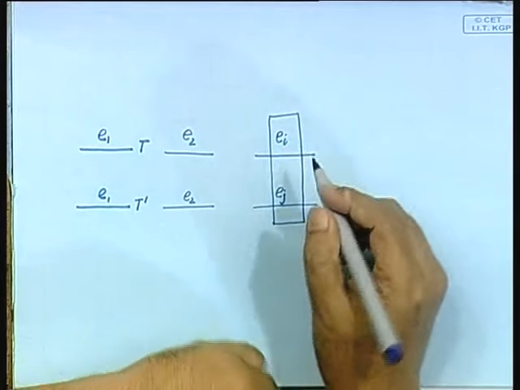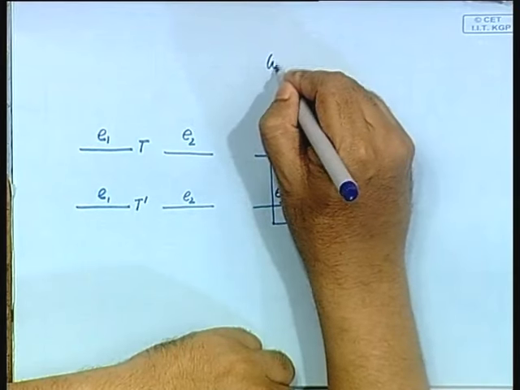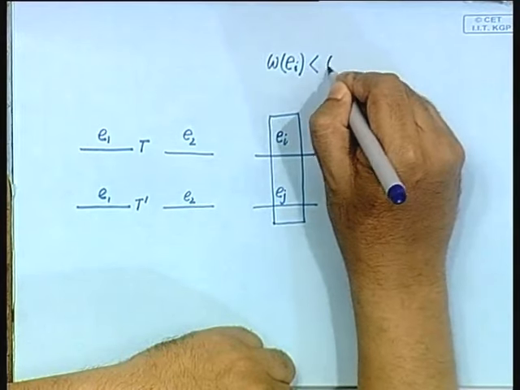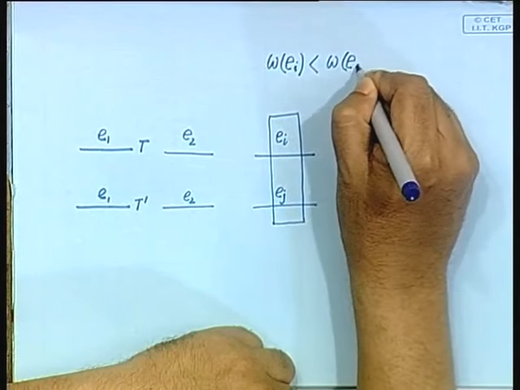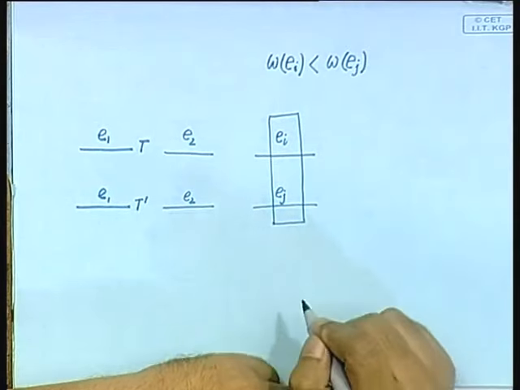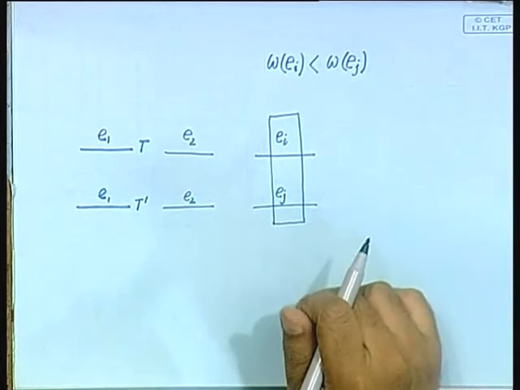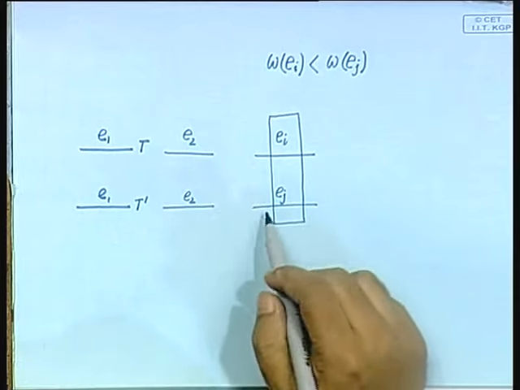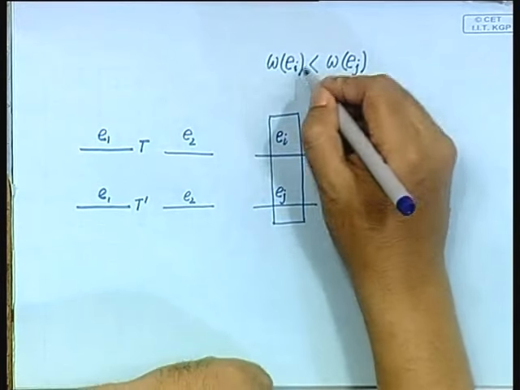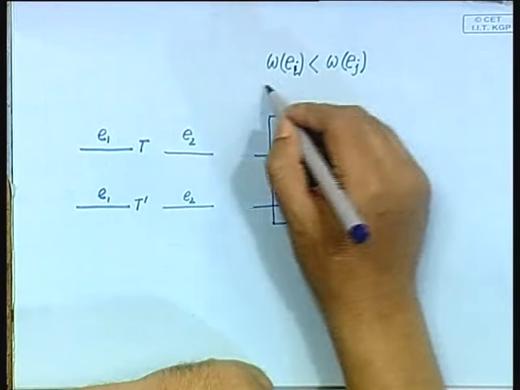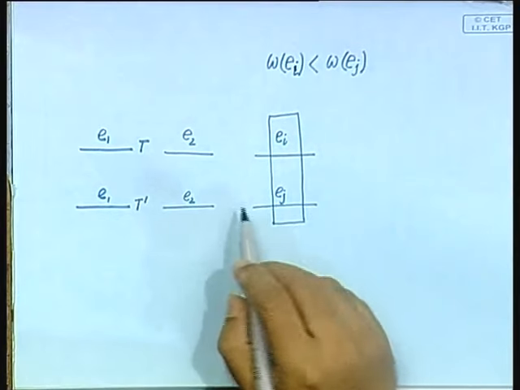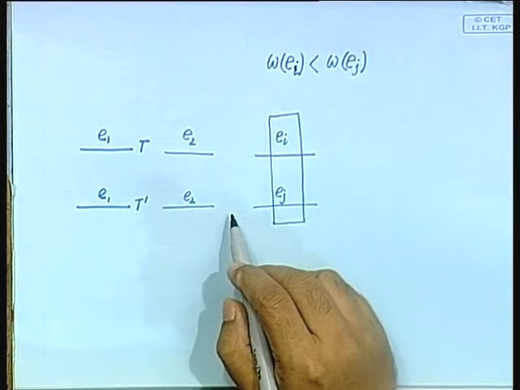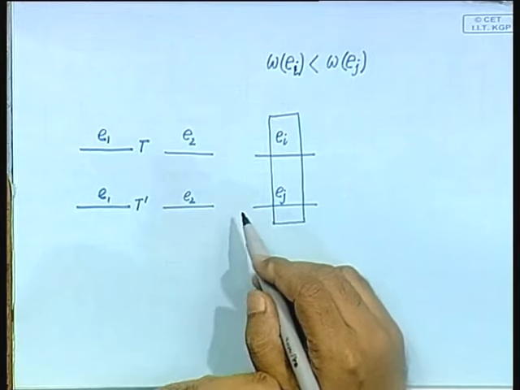Now, without loss of generality, let us say that the weight of the edge Ei is less than the weight of Ej. Okay. Now, let us see one thing. My claim is that if this is the case, then T dash cannot be a minimum spanning tree. How are we going to show that?